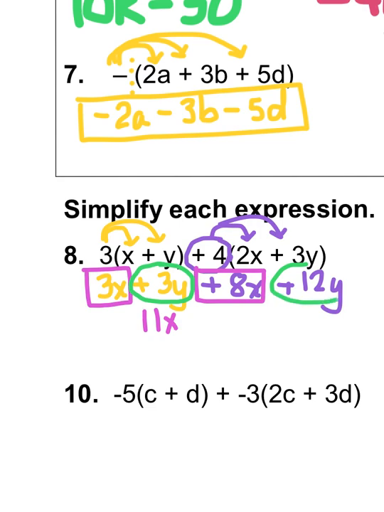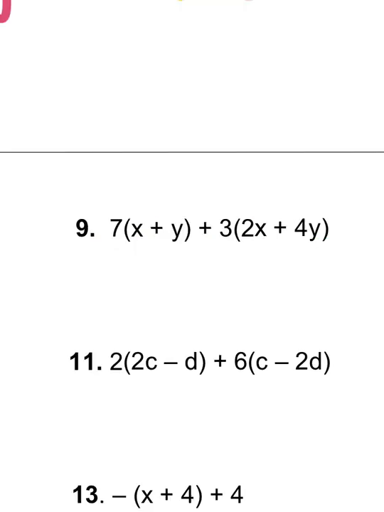Circle the sign in front of each term. This is a positive 3y plus 12y. That would be 15y, because if the signs are the same, you add and keep the signs. Now, can we simplify this any more? No, we cannot. There are no more like terms, so this is a simplified expression.